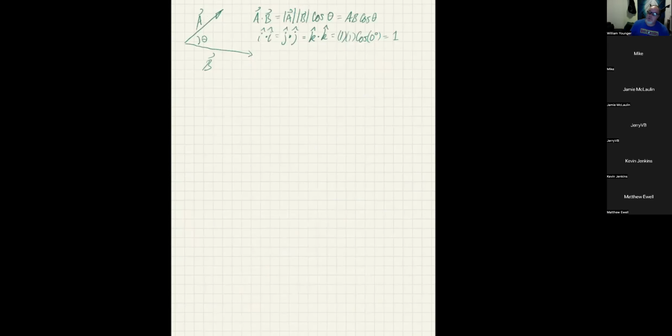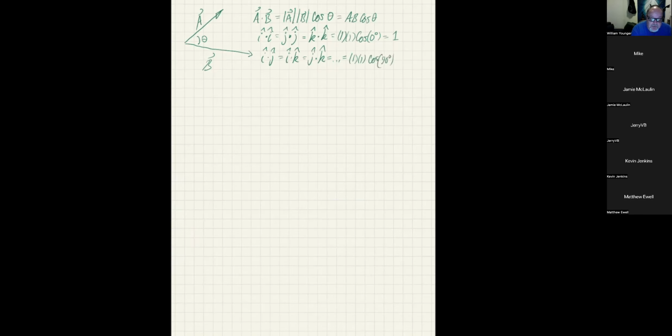Okay. We can also examine the other ones where we had I hat dot J hat, which is actually the same thing as I hat dot K hat, which is also the same thing as J hat dot K hat, which is also the same thing of several other combinations, because you can put them in either order, since A times B is the same as B times A. And in fact, it's going to be 1 times the cosine of 90 degrees.